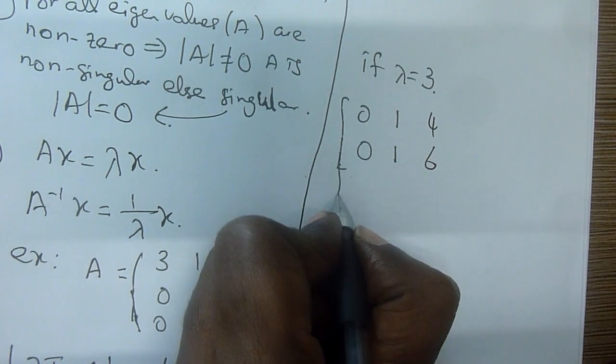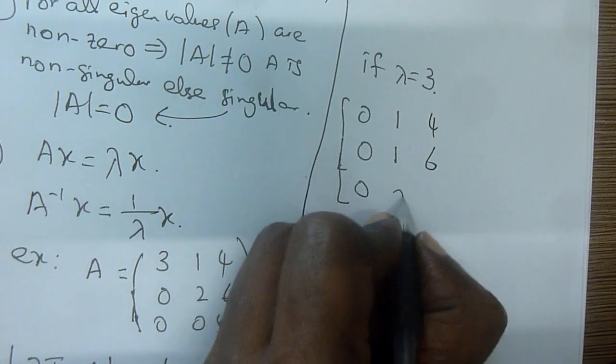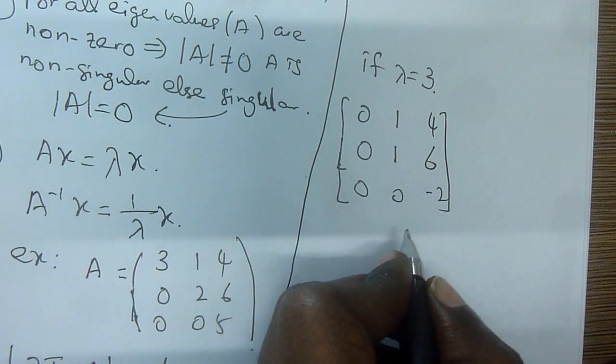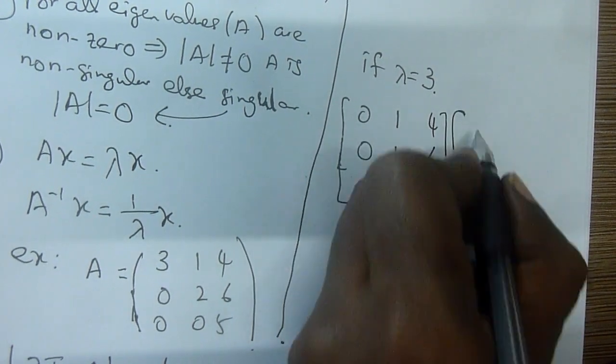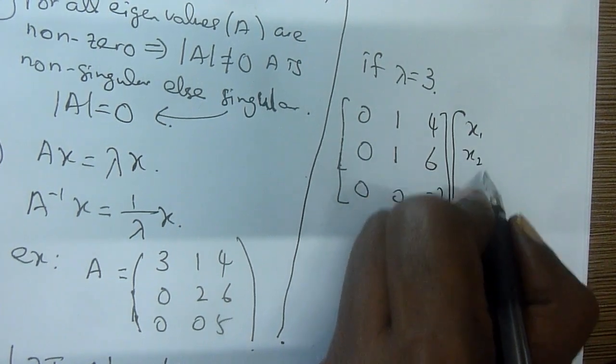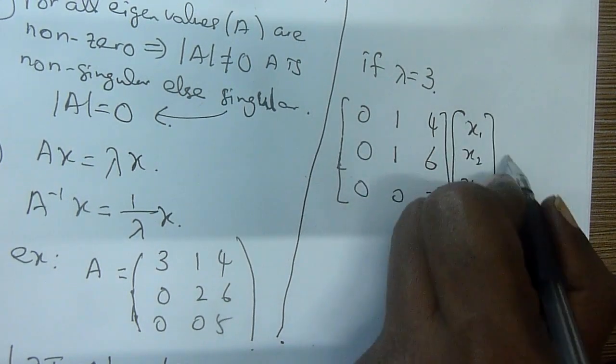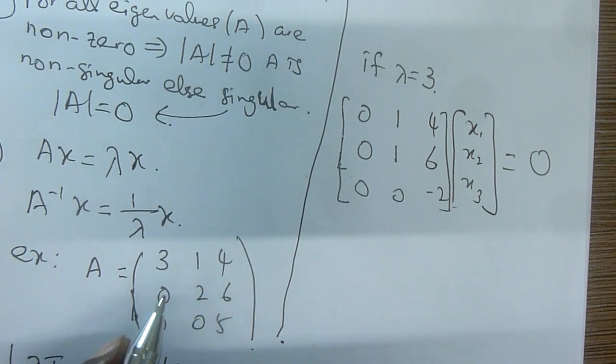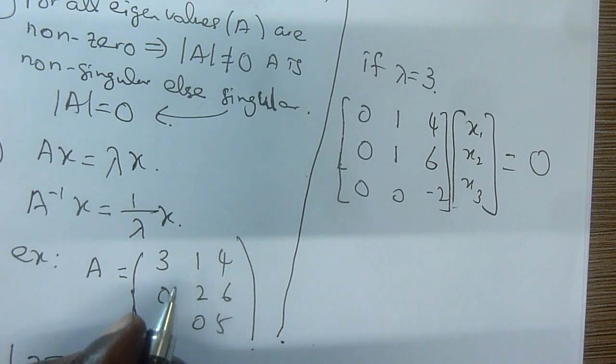Then 0 0 3, negative 2, this becomes x1 x2 x3 equals to 0. Once you work on this, it is something very interesting to find out.